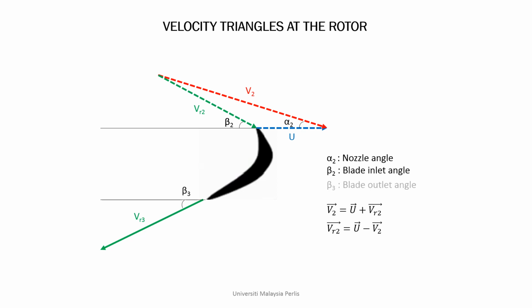Velocity Vr3 is relative to the blade velocity. And the blade is still moving with velocity u. And this is the absolute steam velocity leaving the blade at angle alpha 3, represented by the red arrow.